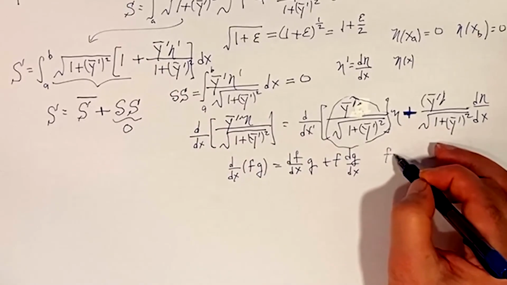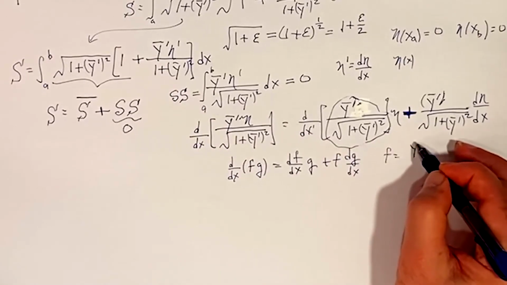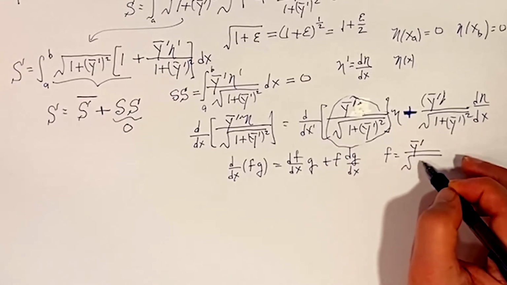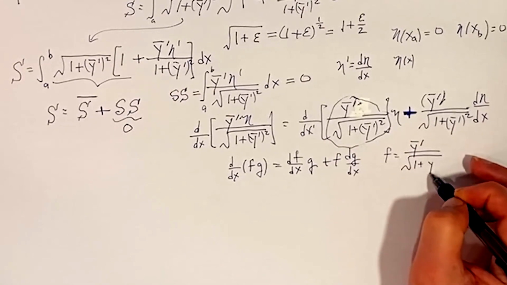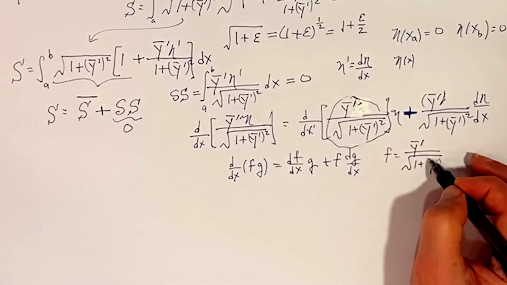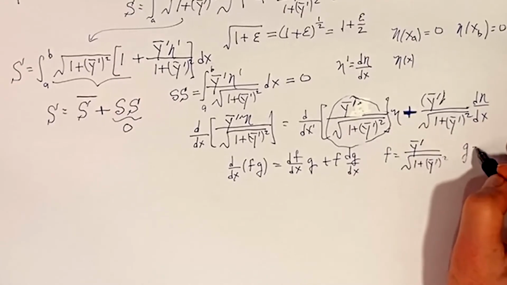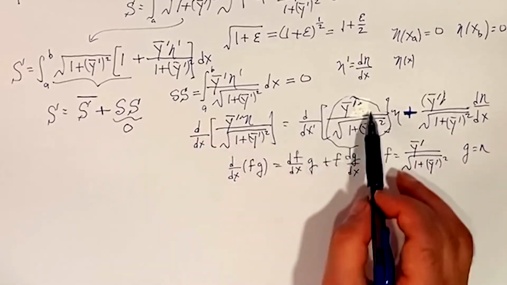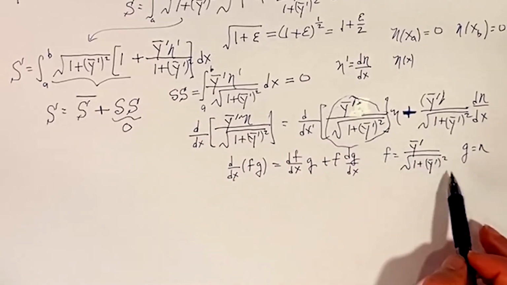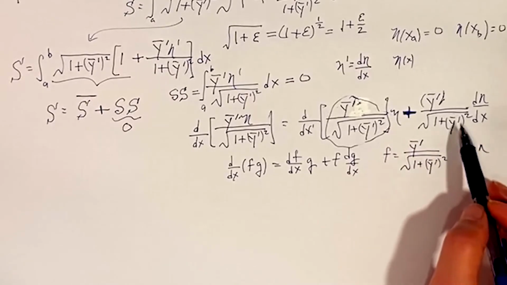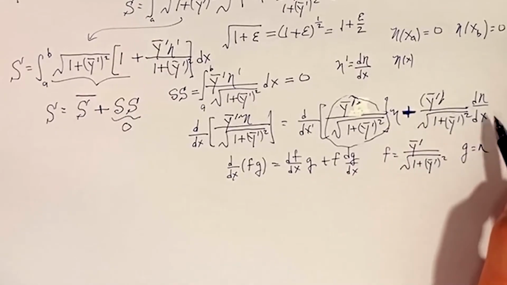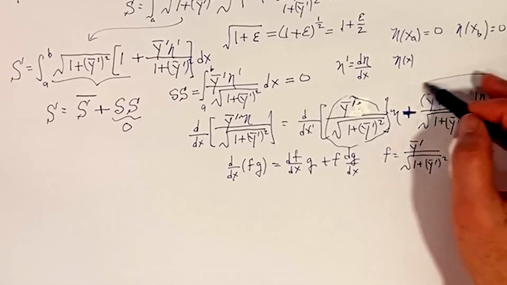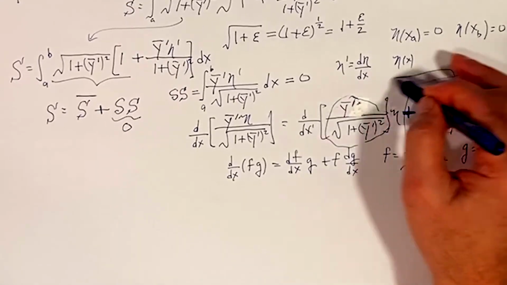And the f is the y bar prime over the square root of 1 plus y bar prime squared, and the g is the eta. So the derivative of everything but the eta, and then times eta, and then here all the first stuff, and then the derivative with respect to x of the eta.